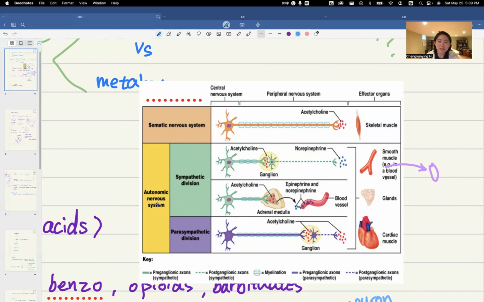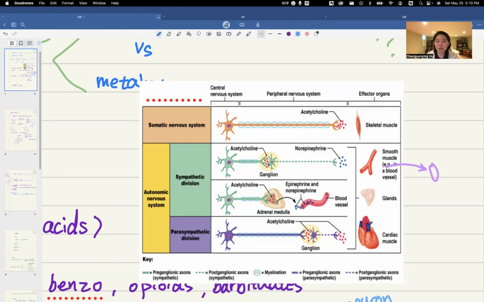Okay. And in the autonomic nervous system, we start with the sympathetic division. Let's look at the first line. This neuron is secreting acetylcholine. What type of neuron do you think this neuron is? It's an adrenergic neuron because it's secreting acetylcholine.